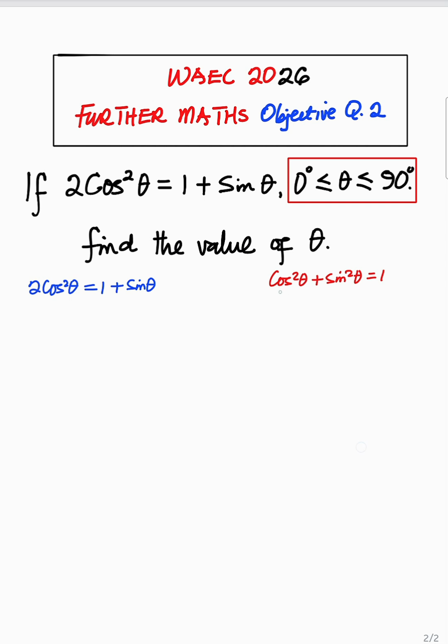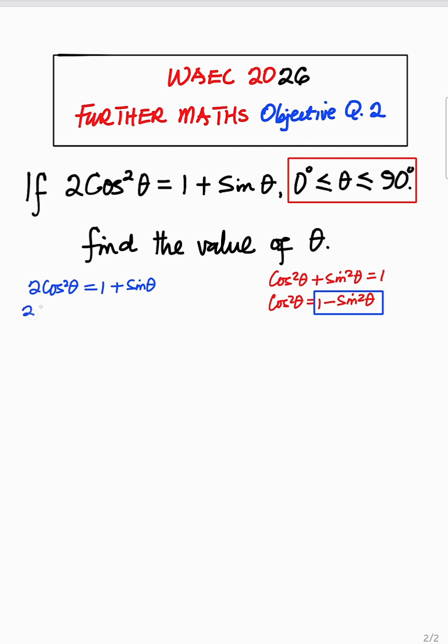So if I make cos squared theta the subject of the relation, this becomes cos squared theta equals 1 minus sine squared theta. So I want to replace this cos squared theta by this 1 minus sine squared theta.